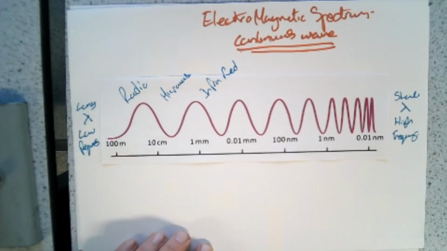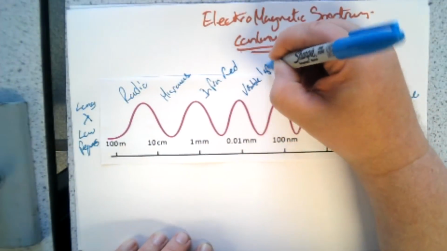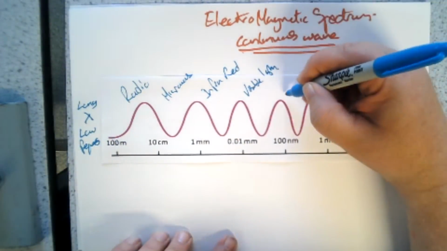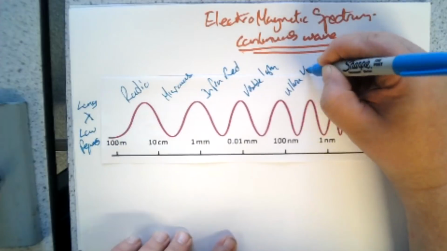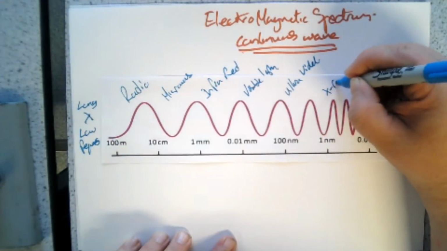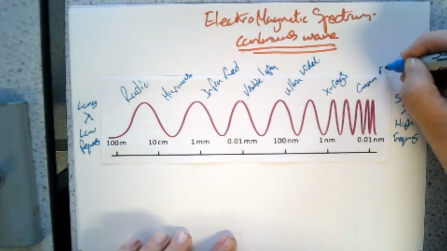And right slap bang in the middle, I've got visible light. Then next comes ultraviolet. Then I have X-rays. And then I have gamma rays.